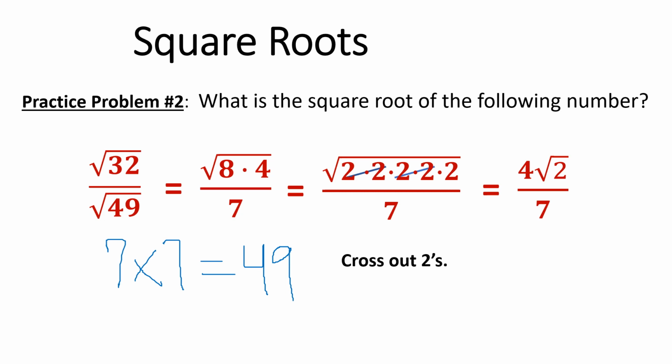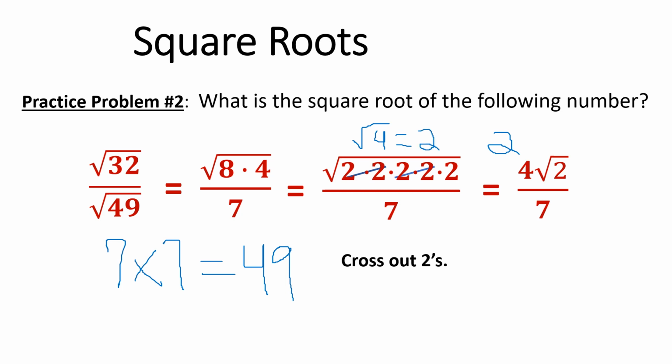So guess what? You had 3 sets of 2's for the 8 and 1 set of 2 for the 4. So you have 1, 2, 3, and then these 2 sets, and then you just look at what cancels. These two 2's cancel, and the number, once they cancel, stays the same. It's 2. Because that's like saying that this 2 times 2 is a square root of 4, which is going to be 2 anyway.